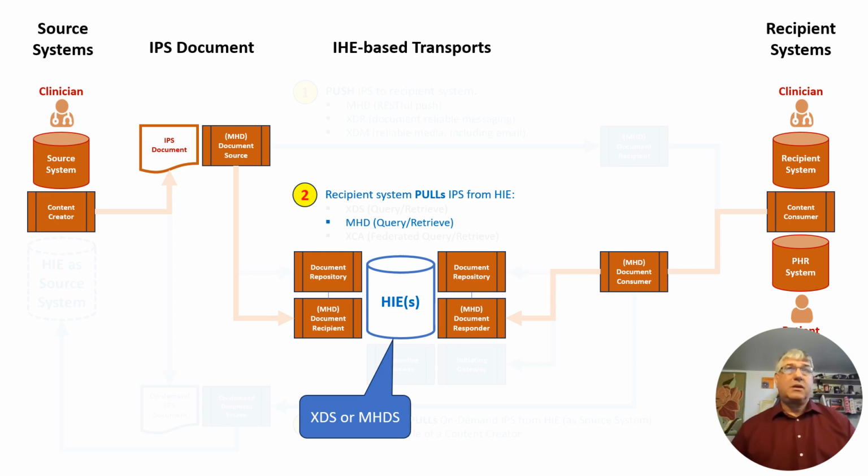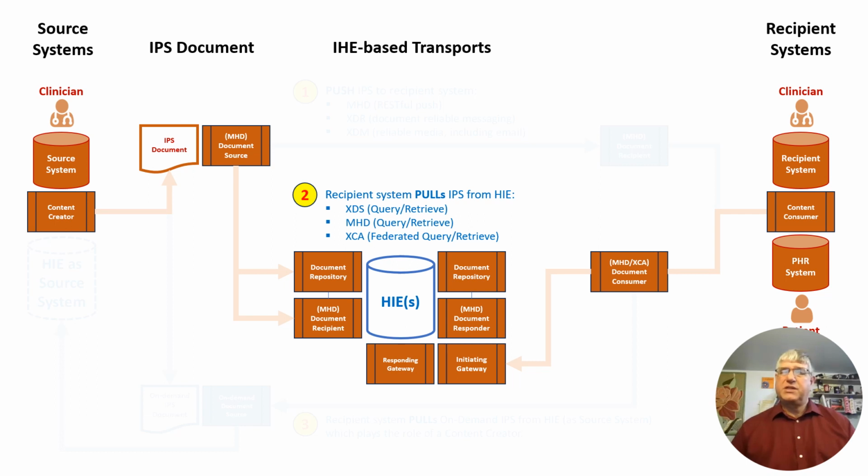Now, the source systems and the consuming systems do not need to both be using MHD. One could be using XDS, one could be using MHD, one could be using XCA. So one of the benefits of the document sharing infrastructures from IHE is they are all interrelatable, and because of the common metadata model, there is no loss between the models.